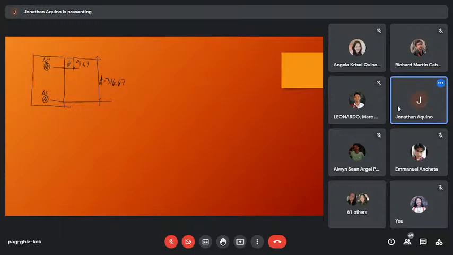Okay. So from this, we transform this into the equivalent transformed area of concrete. Let's say this is the centroid of this section.